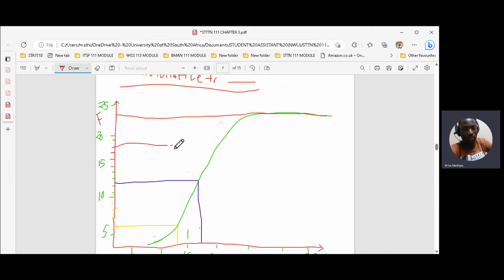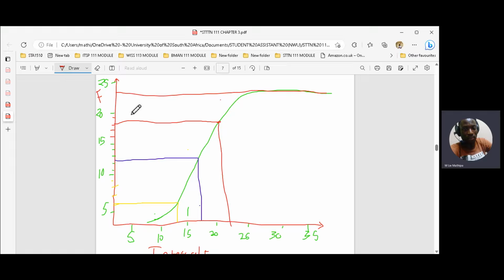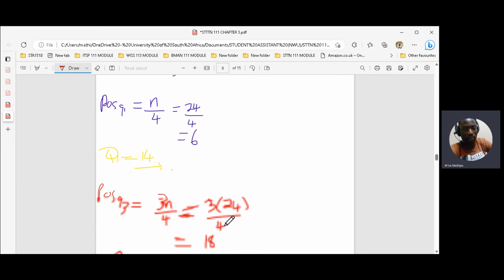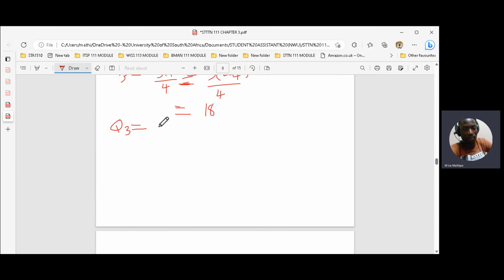Then when I reach this side, I go down. Let me just erase this line here. You can just say it's this line, go down, which I can say is probably maybe 22. Therefore the value of Q3 is equal to 22.